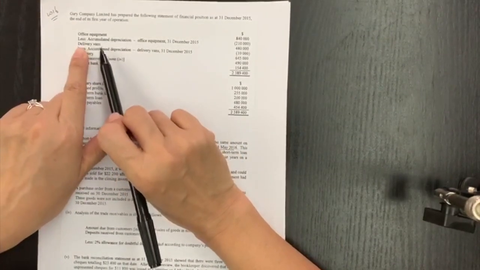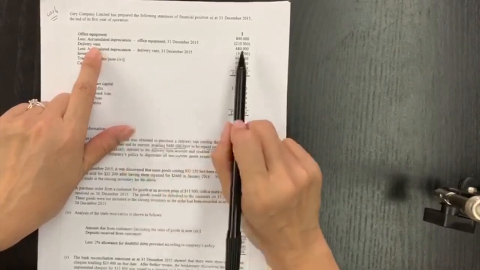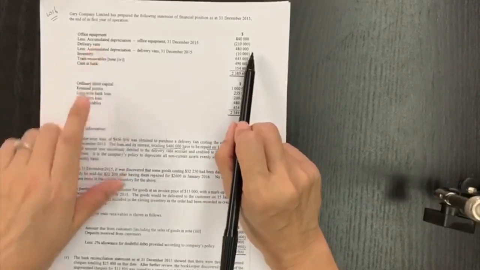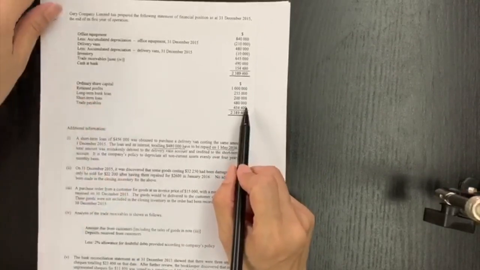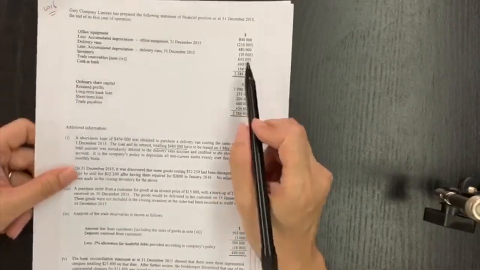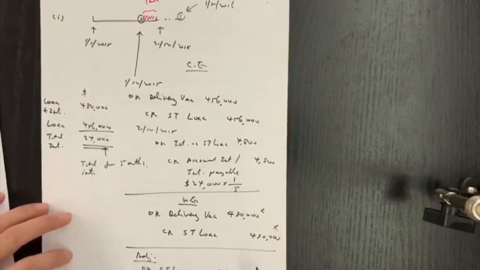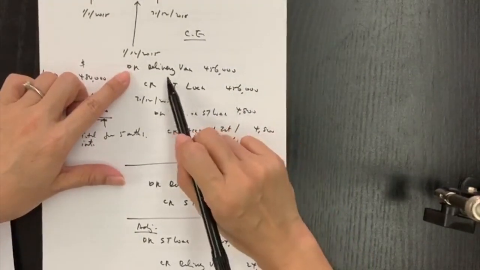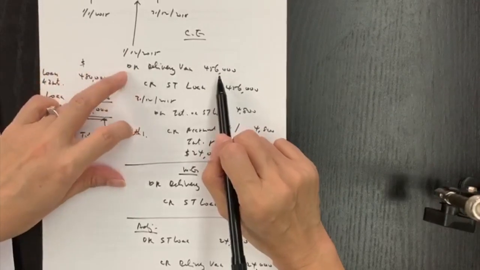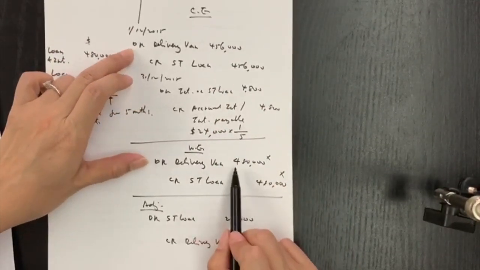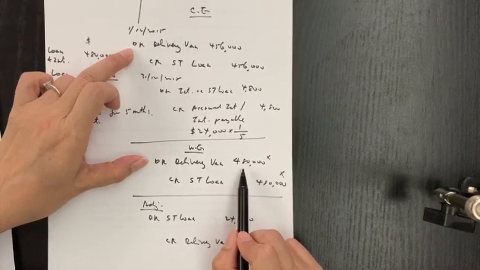The cost of the delivery van is 480,000, and short-term loan is also 480,000. Of course this 480,000 figure is wrong, because the delivery van should be debited with 456,000. So you can see that debiting the delivery van for 480,000 is too large.